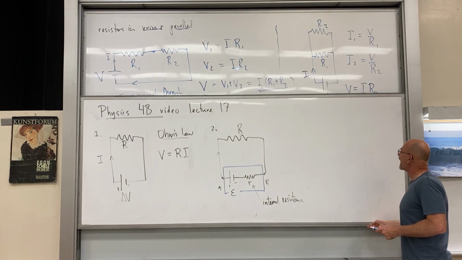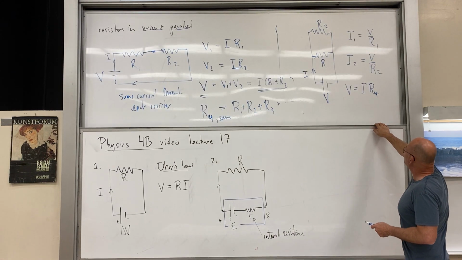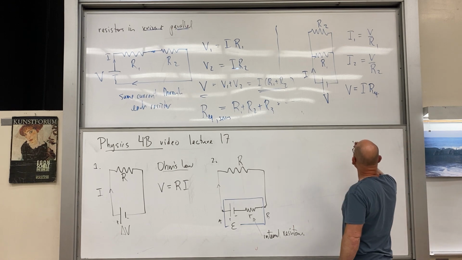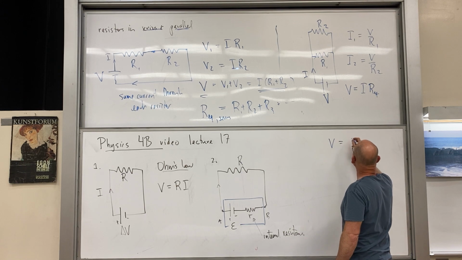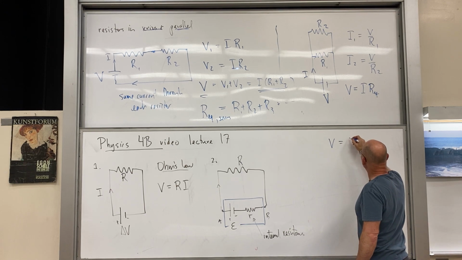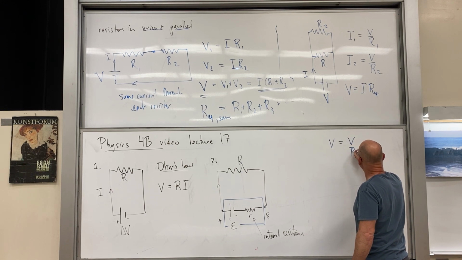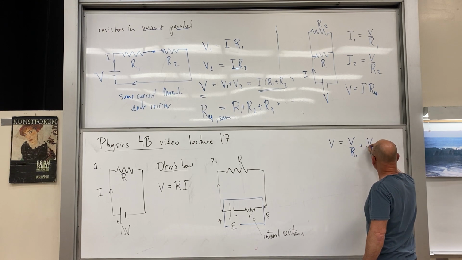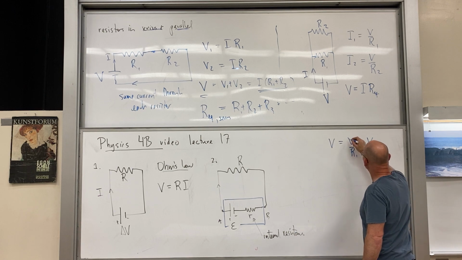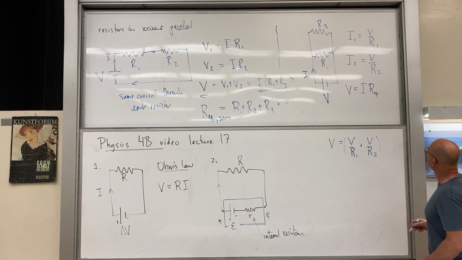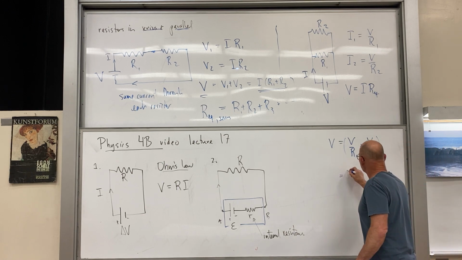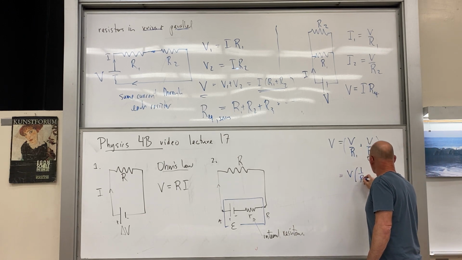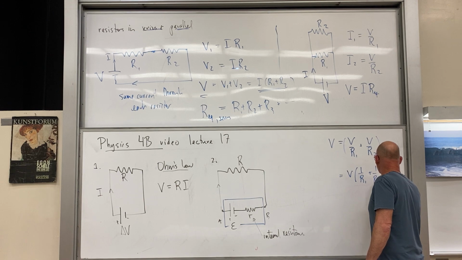And you can see what's going to happen here. I total is equal to V over R1 plus V over R2, which is V times (1 over R1 plus 1 over R2).